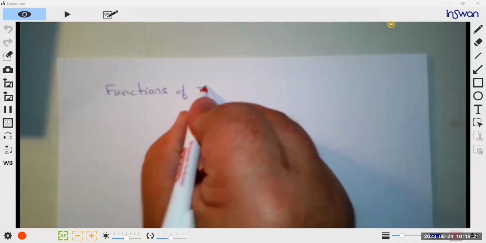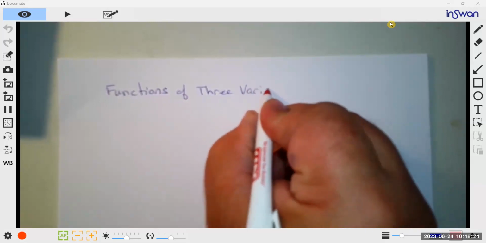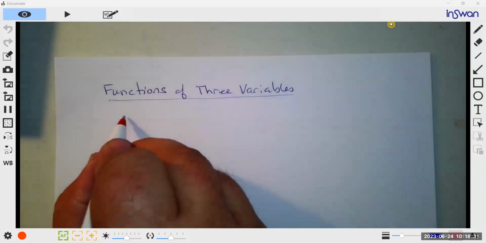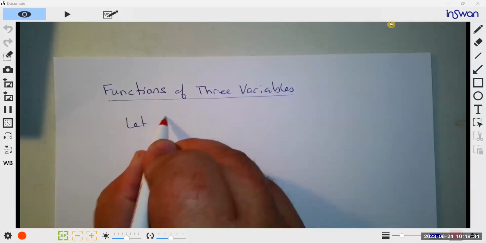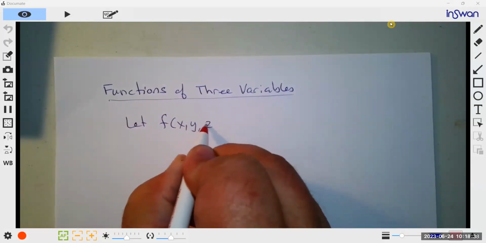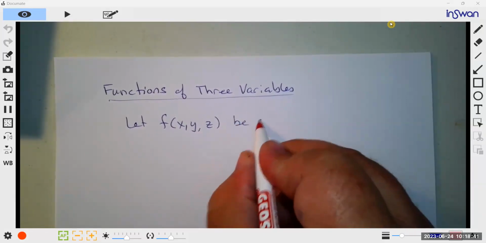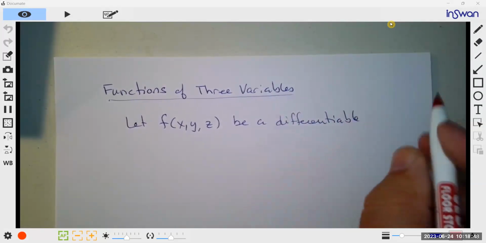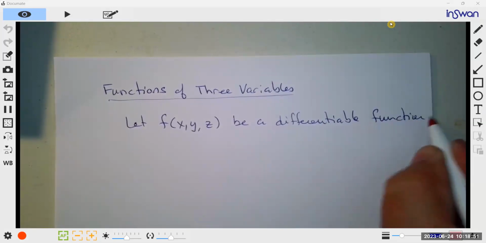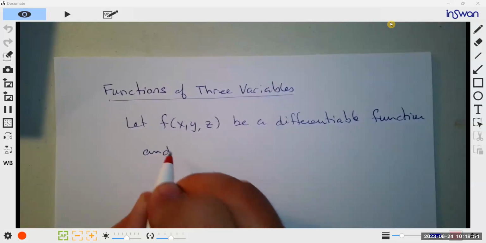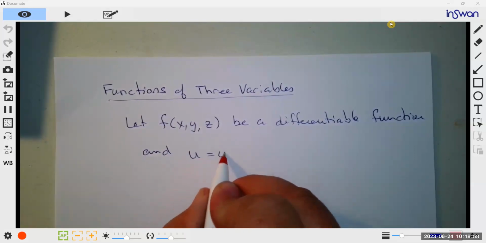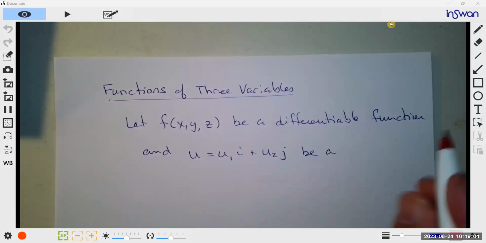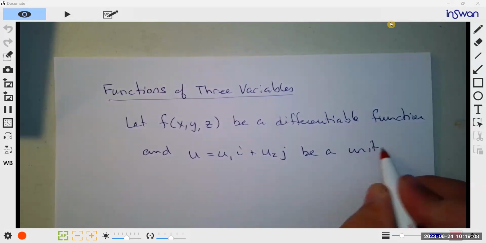Functions of 3 variables. Let f of x, y, z be a differentiable function, and u equals u1 i, u2 j, u3 k, a unit vector.